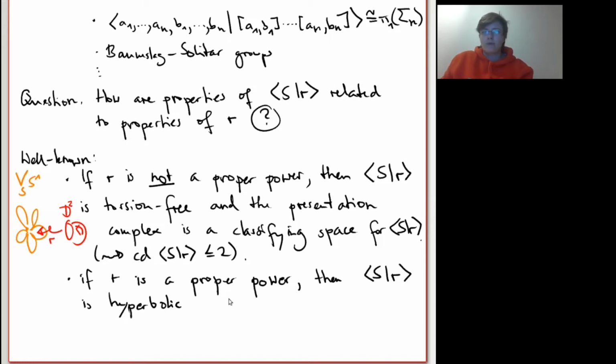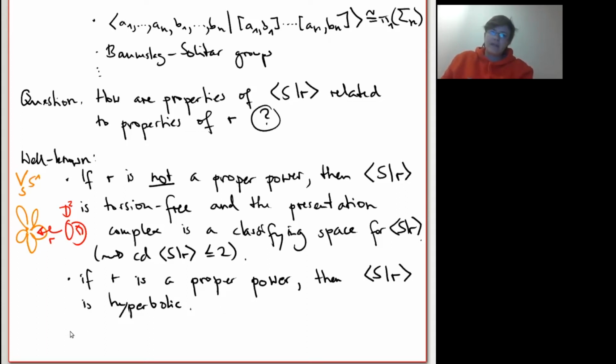So it's a word hyperbolic group in the sense of Gromov. And the way to prove this is that classical things from combinatorial group theory show that Dehn's algorithm to solve the word problem works for these groups, and then you know it's hyperbolic. So that's also a nice feature.